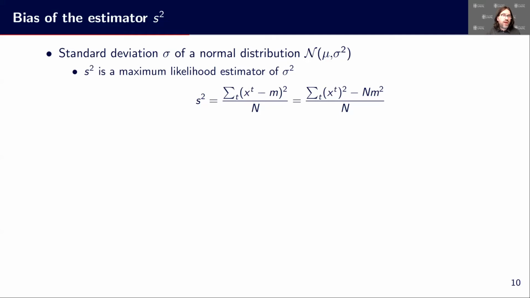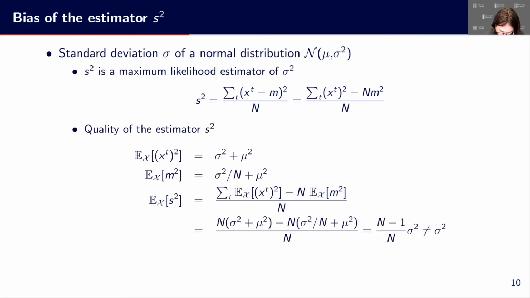Then if we look at the bias of the estimator S squared, we have a standard deviation sigma for a normal distribution. So we have this as the standard deviation of our normal distribution. The maximum likelihood estimation of sigma squared, which we defined before as equivalent to that, is also the same thing as this.